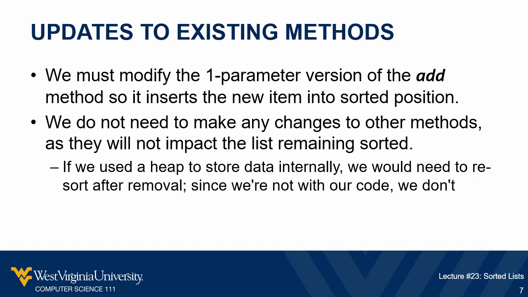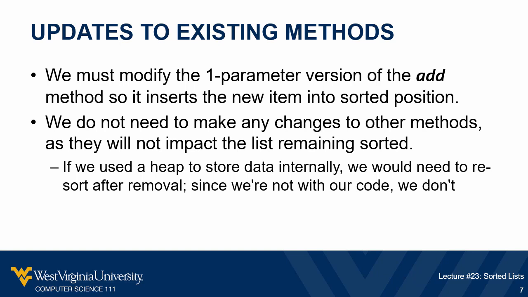The one case where there might be a difference would be if we were storing the data for our list using what's known as a heap. A heap is another way that we can store data instead of doing it with linked nodes or with an array. Heaps can have some performance advantages in some cases, but the problem if we were to use a heap, which we have not shown so far here, is that we would have to resort the data after we removed things.